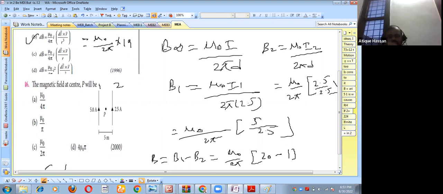So it is 2.5, current is 2.5 and current is 5 minus 5 by 2.5. Oh, it should be 2, not 20. It should be 2, right?